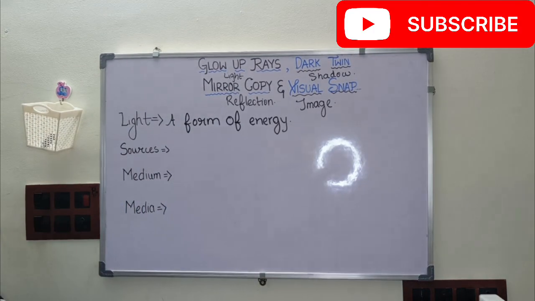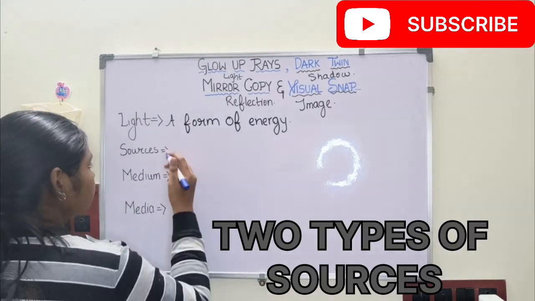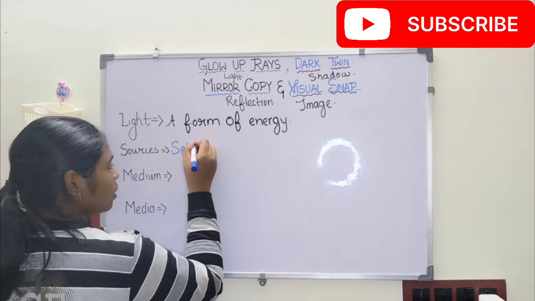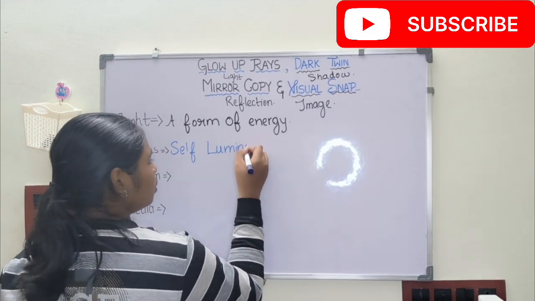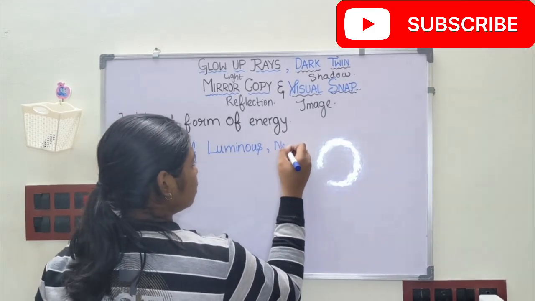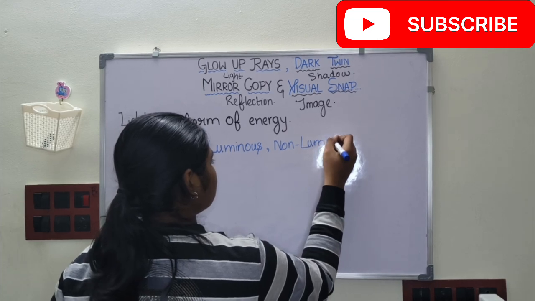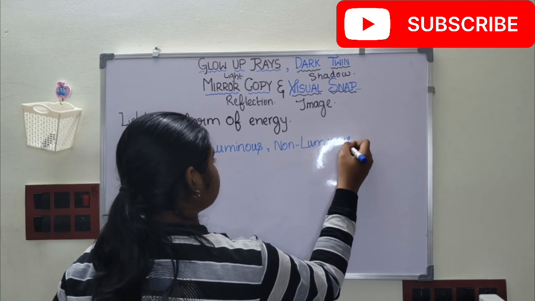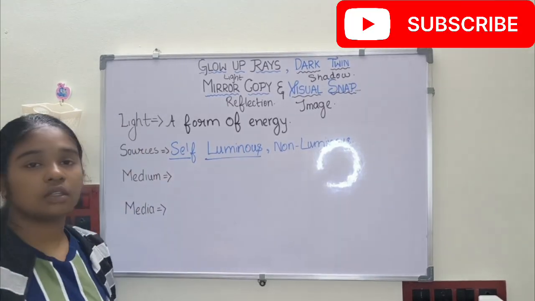Here you have two types of sources: self-luminous and non-luminous. First we are going to discuss self-luminous.